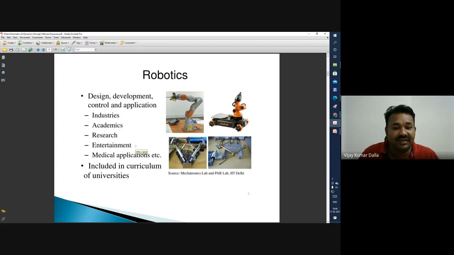We might have seen robot movies, medical applications for surgery, and nowadays it is being included in the curriculum of universities. These are some figures of robots developed by Mechatronics Lab and the PAR Lab, IIT Delhi.